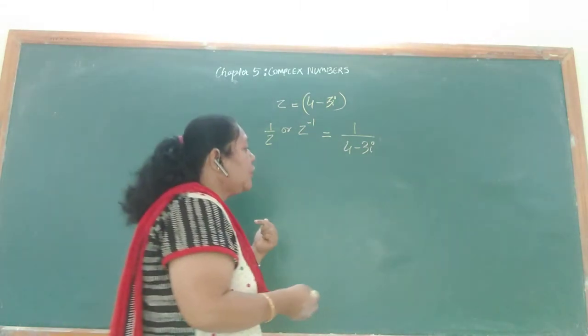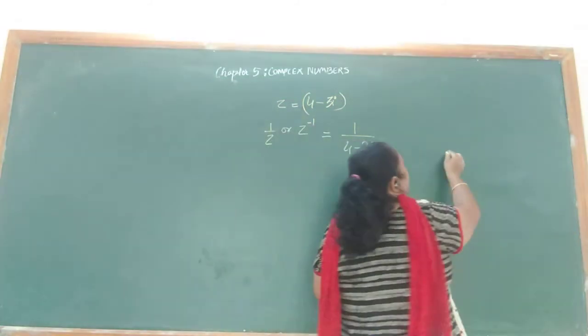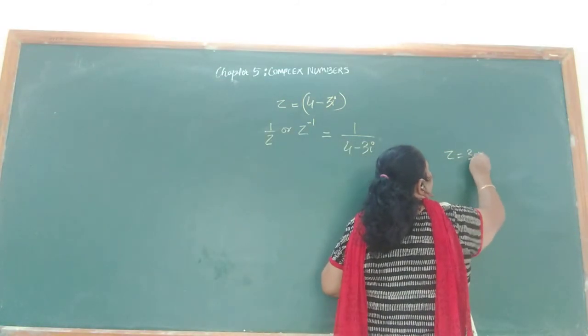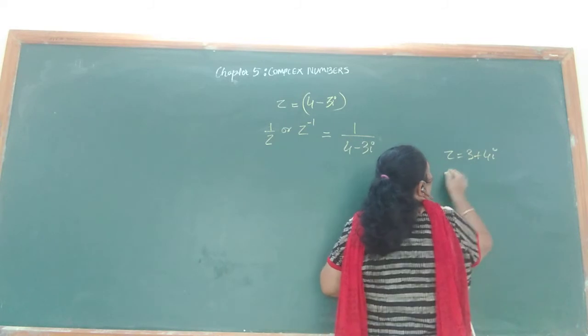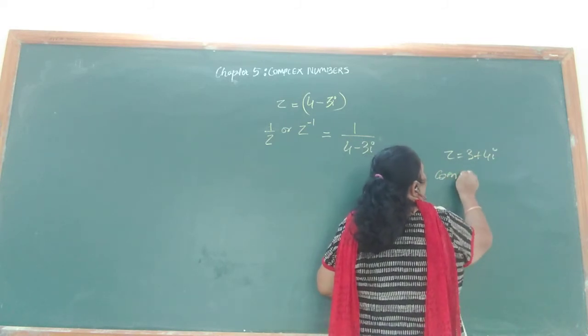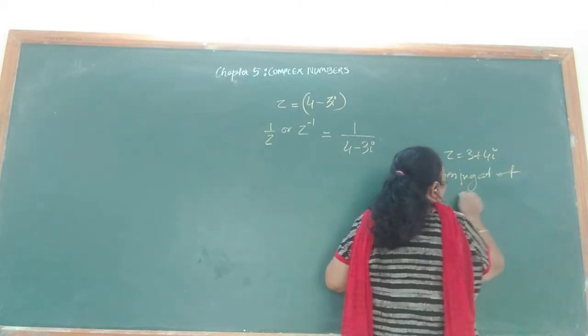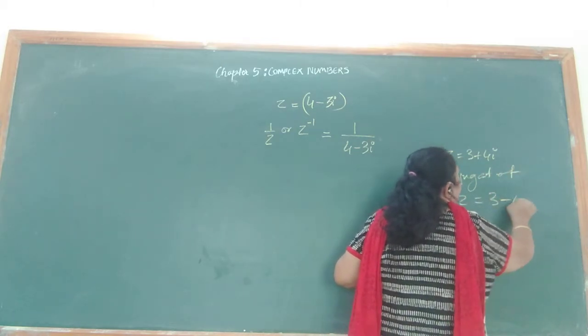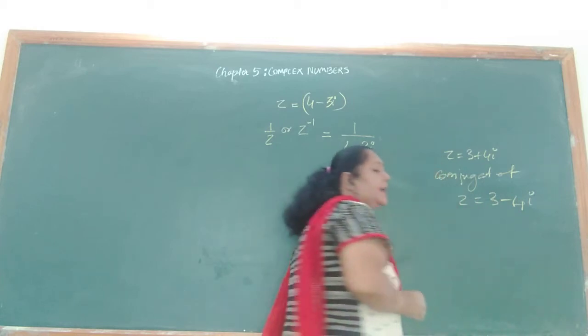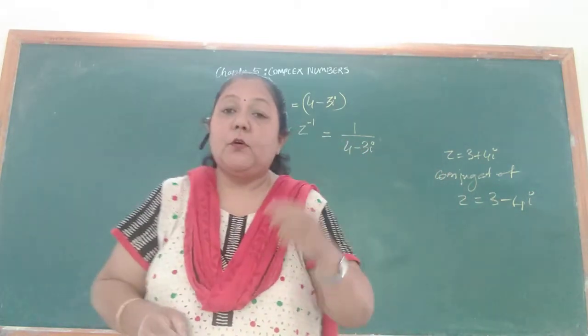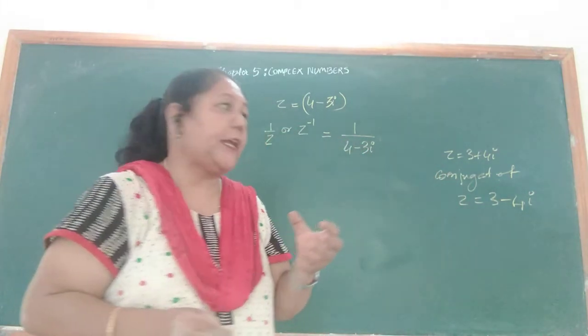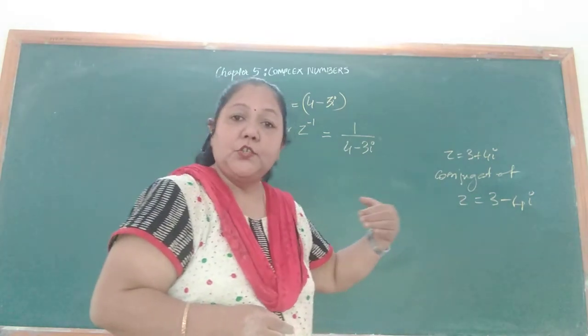Now what is called the conjugate? If z is equal to 3 plus 4i, then the conjugate of z is 3 minus 4i. So the middle sign you are supposed to change, and that will give you your conjugate.